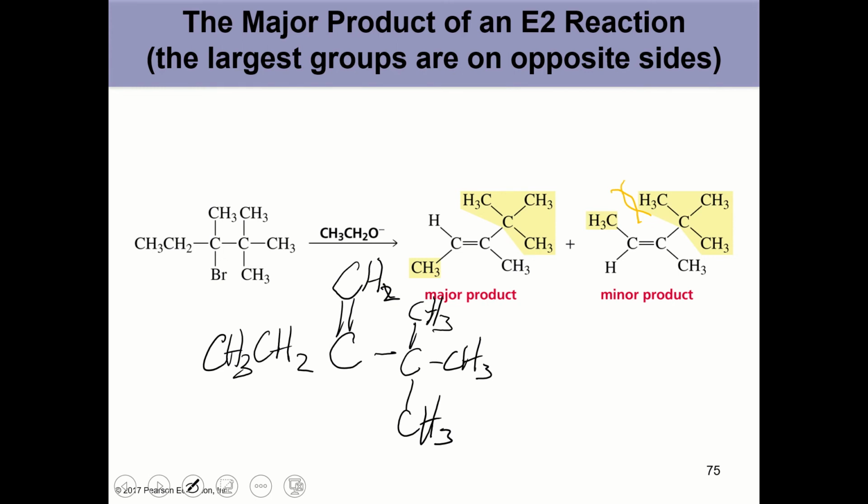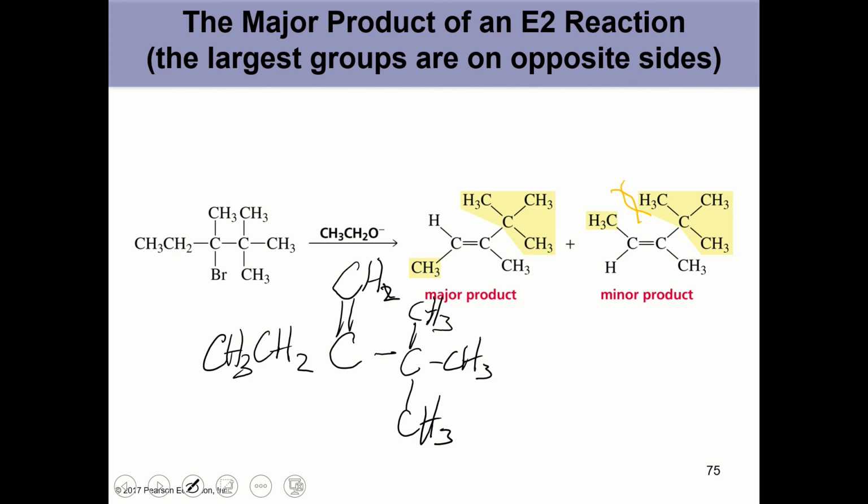The major product of an E2 reaction occurs when the two largest groups are anti, and this is a topic that is just going to be stressed. Obviously, there are several slides covering this, so you have to remember that this is the case, and that is because of steric strain.